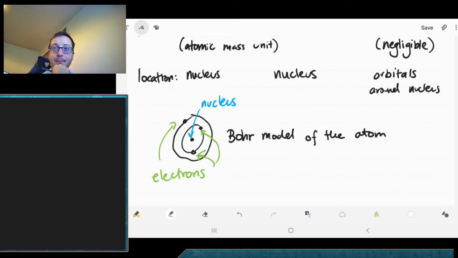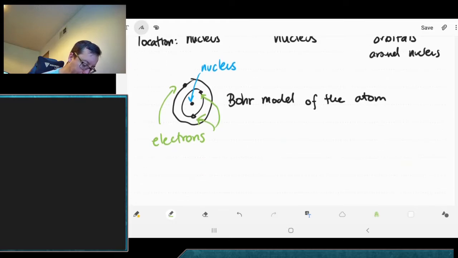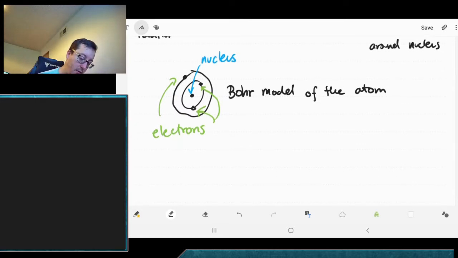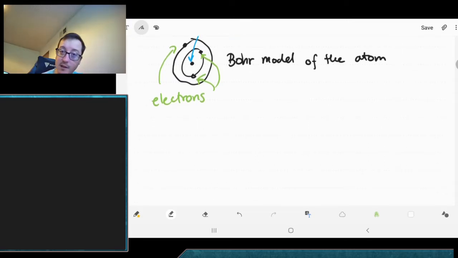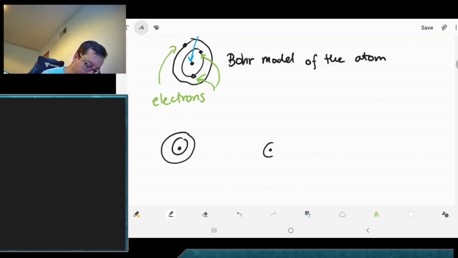All right, we can talk about these particles together. First things first, let's start with protons. Actually, let me give you a couple of examples, and we'll look through them together.